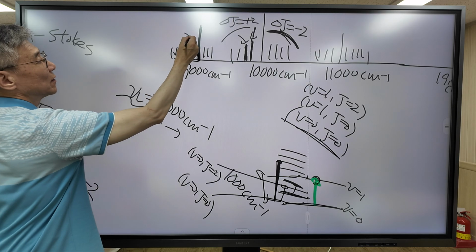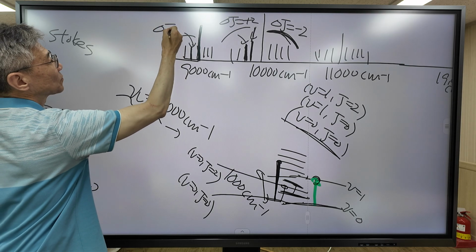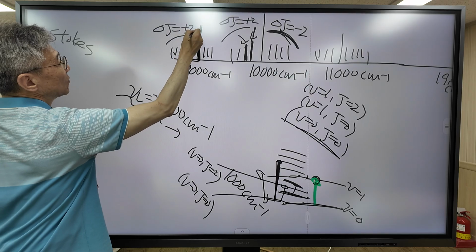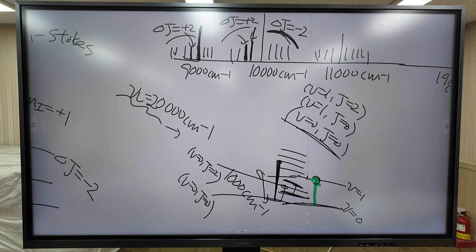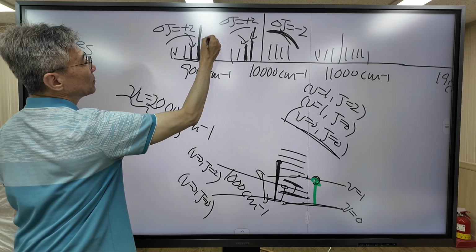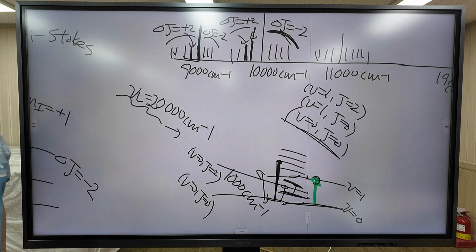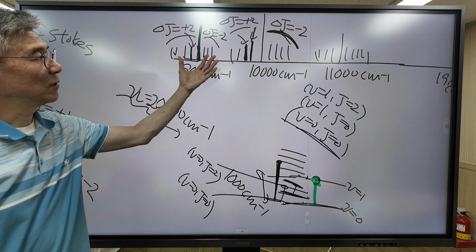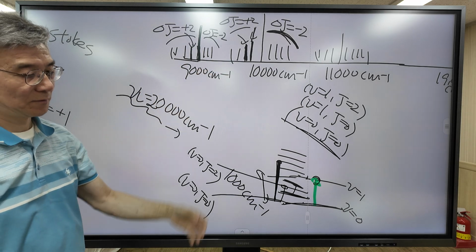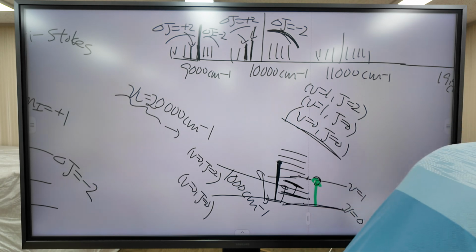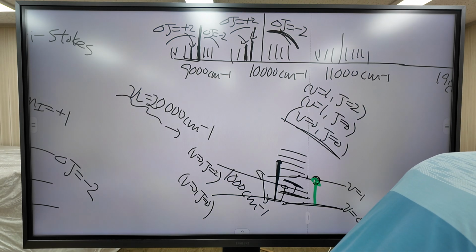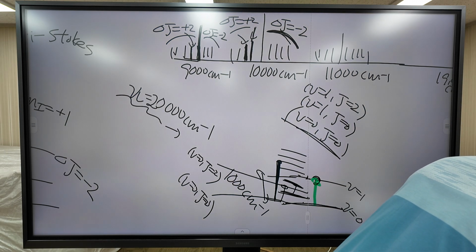So this region corresponds to delta J equal plus 2 transition. Similarly, this part corresponds to delta J equal minus 2 transition. So this is a full Raman spectrum. Okay, now I'm going to finish Raman spectrum.